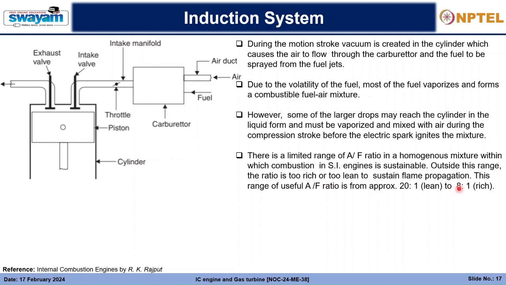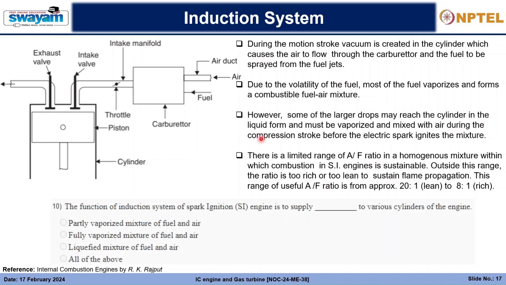So we need to design a device which supplies only the best possible mixture for very good combustion inside the cylinder, and that device is the carburetor. We need to design this carburetor properly to satisfy the range of the air-fuel ratio, and we will talk in the next slides about the useful air-fuel ratio under different conditions. So that was a slight introduction to the induction system.